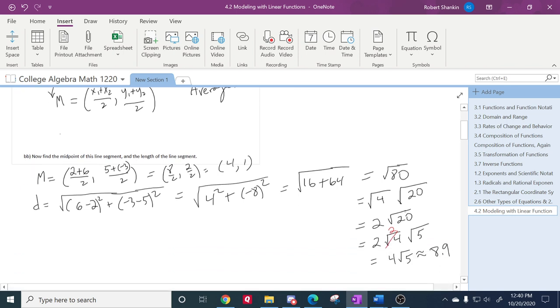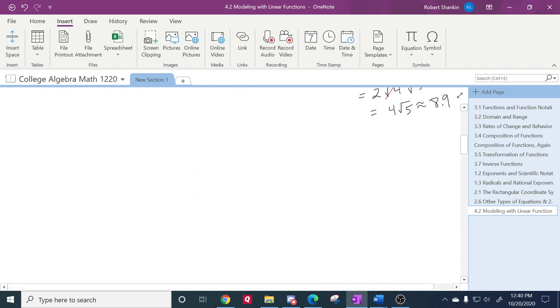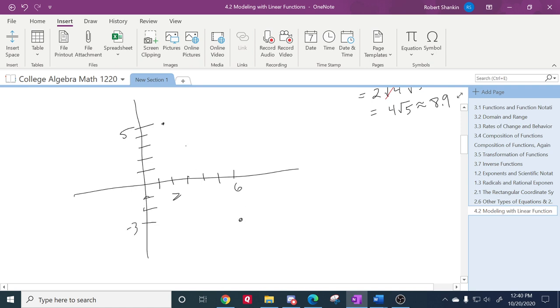Okay, (2, 5) and (6, -3). Two over. Three, 4, 5, 6. -3. We connect these two together.